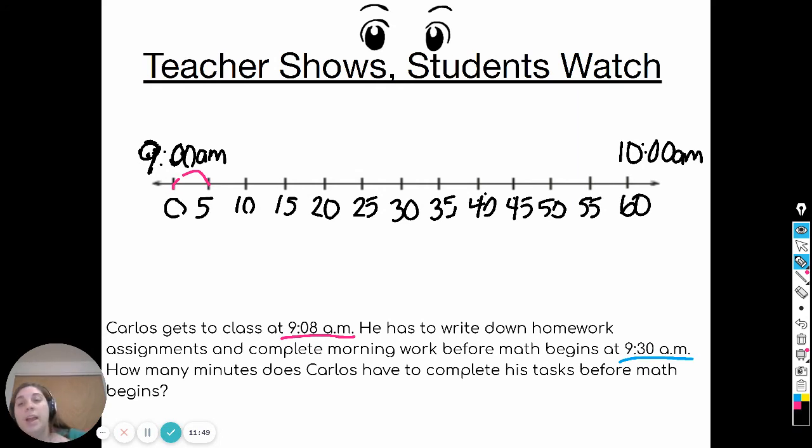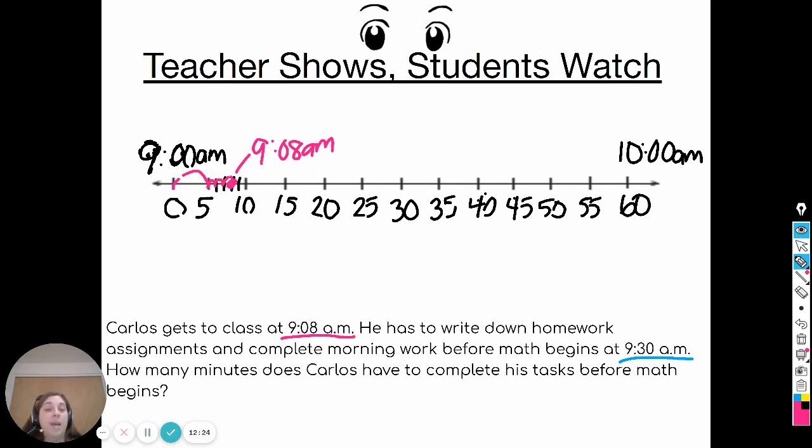So I'm going to make my 4 hash marks, which are 6, 7, 8, 9, and then there's already a mark for 10. Now I can go back and plot my point at 9:08. So we're at 5, 6, 7, 8. I'm going to go ahead and plot my point there. All right, and I'm going to label that 9:08 a.m. That's when he gets to class.